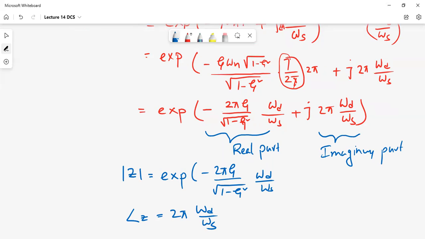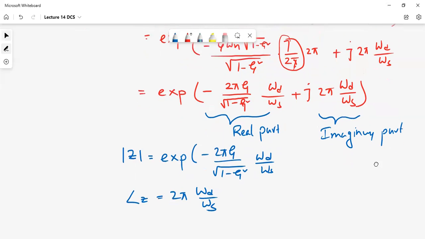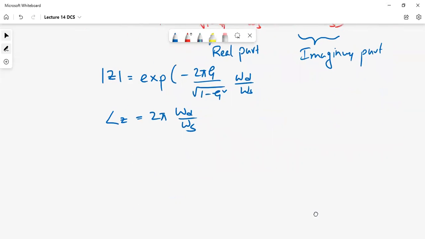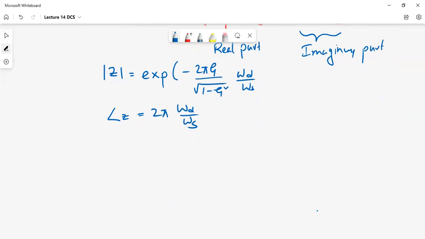Now, since we know this, if you want to find out the constant zeta line, we know that in the z plane it represents the diagonal lines. So in the z plane, these diagonal lines represent the constant zeta line, and always we have to keep in mind your omega s and omega s by 2.